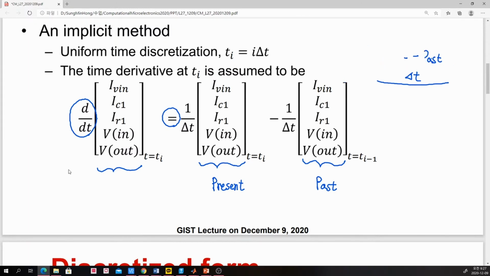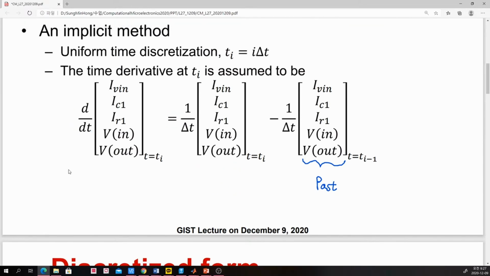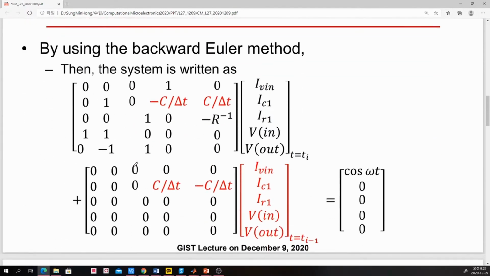And yes, then let's go to our real circuit implementation. Then let's go to our system.